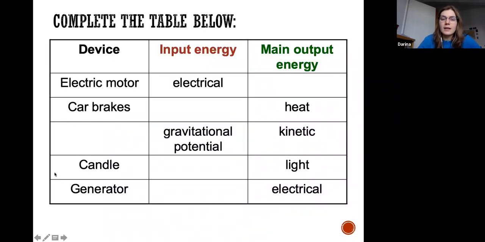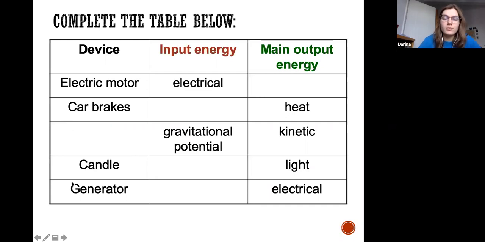Got a bit of a complete the table below exercise. Can we start with electric motor? What's the main output energy of an electric motor? So yeah, great. What about car brakes? What's the input energy of car brakes? Kinetic as well. Perfect.